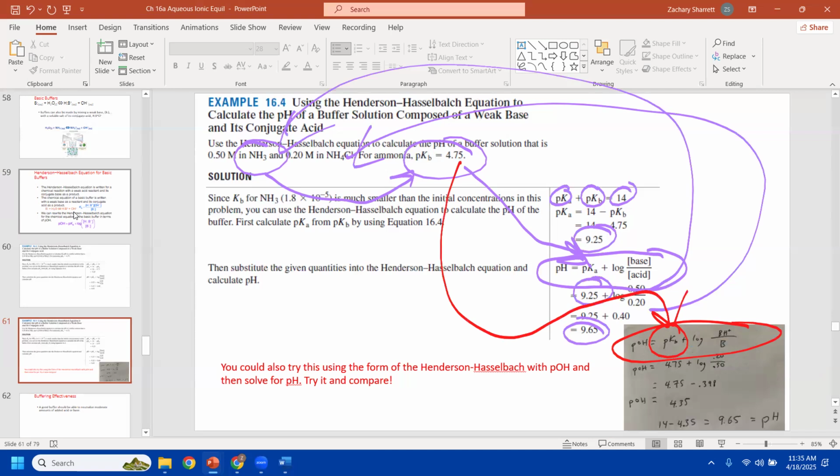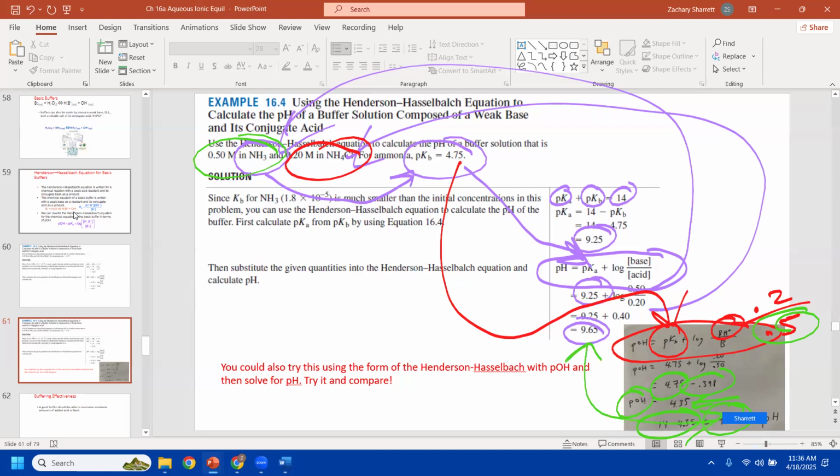Now we have to realize that I'm using the 0.2 on the top and the 0.5 on the bottom because the 0.2 is the acid, NH4Cl is the acid, and the 0.5 is the base. So I do log of 0.2 over 0.5. That gives me 4.75 minus 0.391. That gives me 4.35. I do 14 minus that because that was a pOH. I want a pH. We get 9.65.